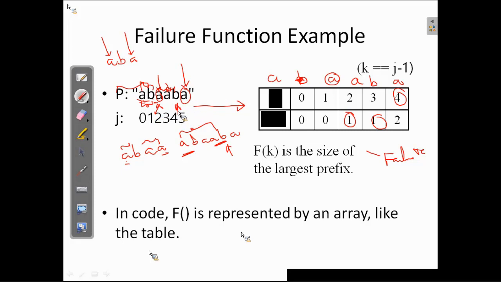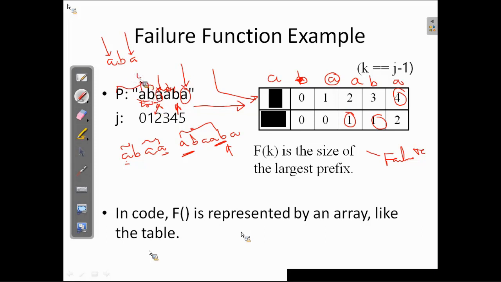So the crux of the game is to compute this array. How do you compute this array? You start from the previous position and find out the longest suffix which is also a prefix.